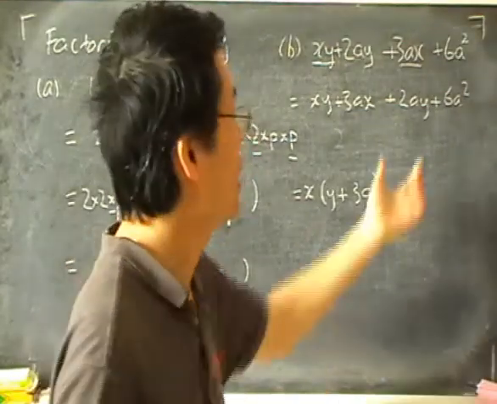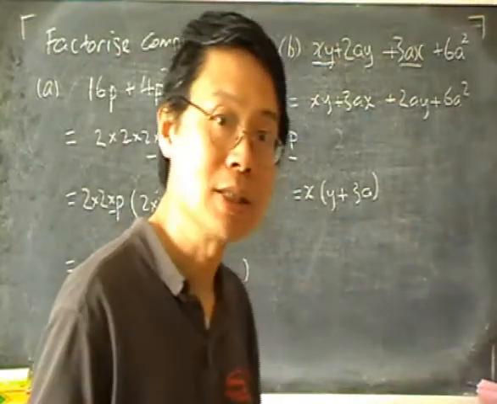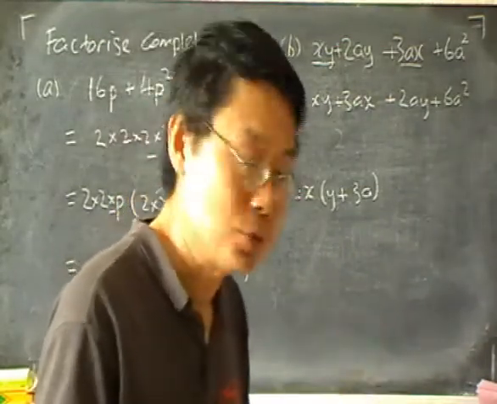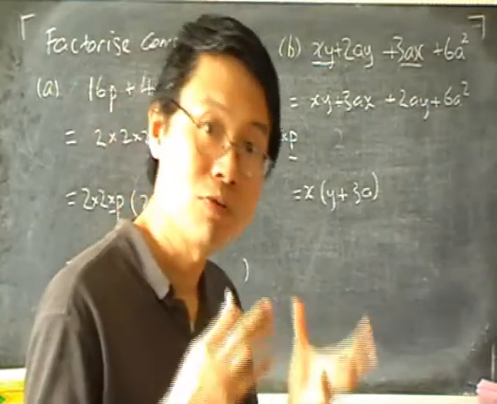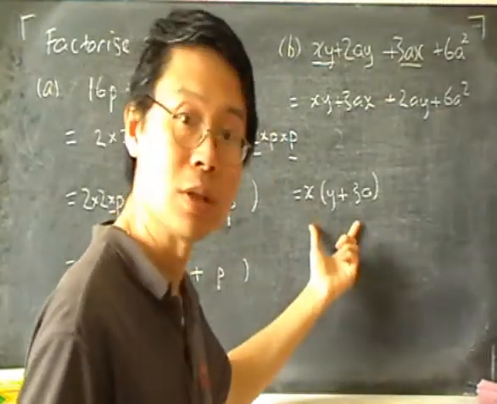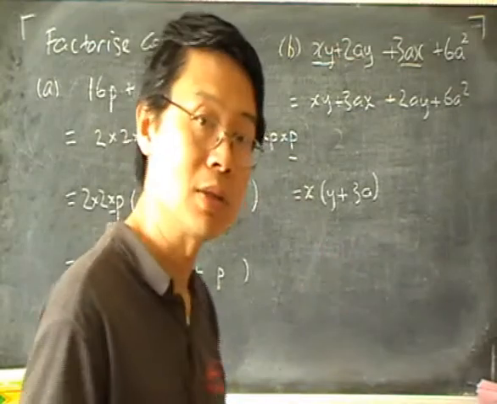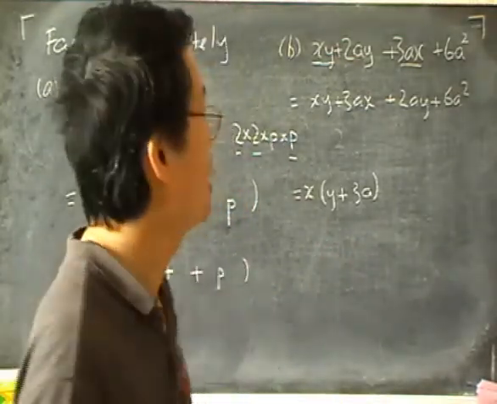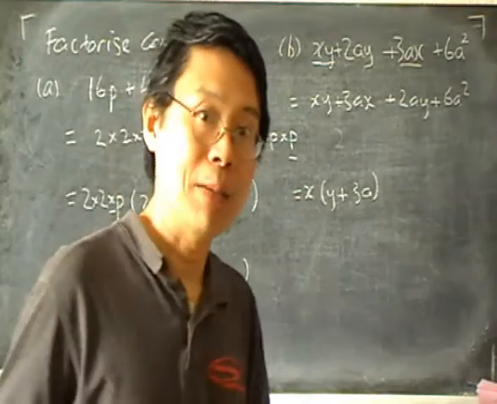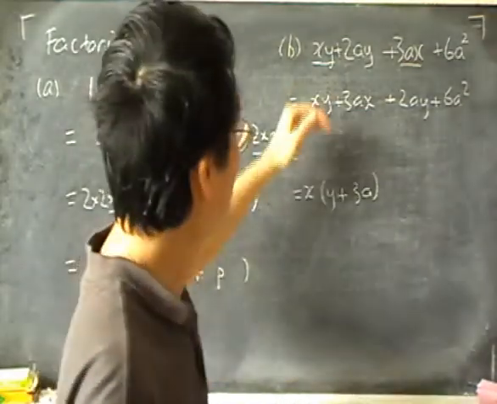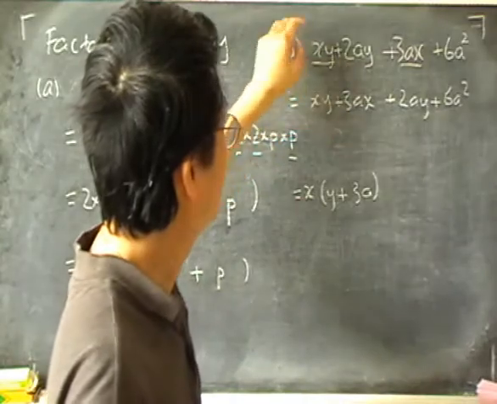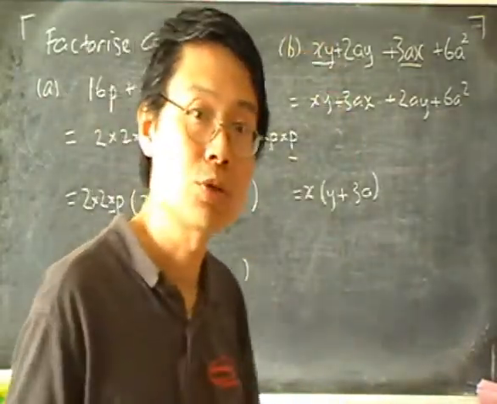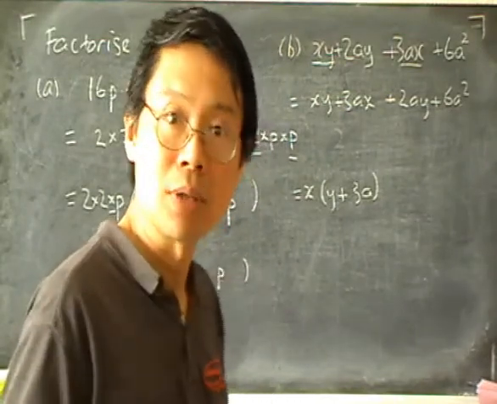Not only that, after I factorize those remaining terms, hopefully the result would contain some factors that are common to this first part, and then we can carry on and factorize some more. But it doesn't always happen. If it doesn't happen, we might just have to go back, as I said, and I picked x just now, so I might have to pick y and try again. Okay.